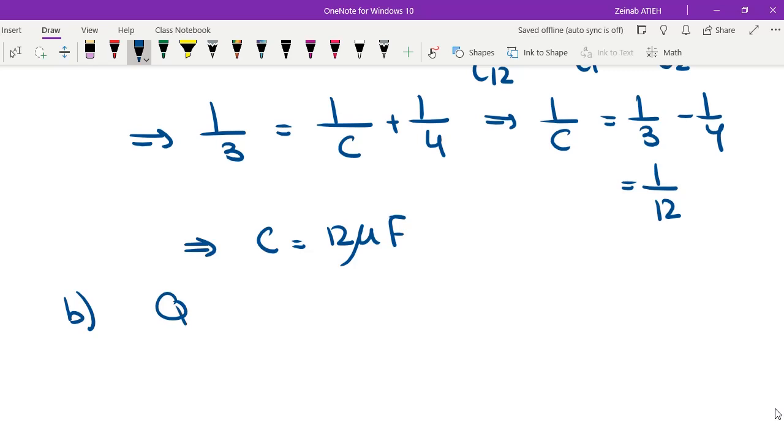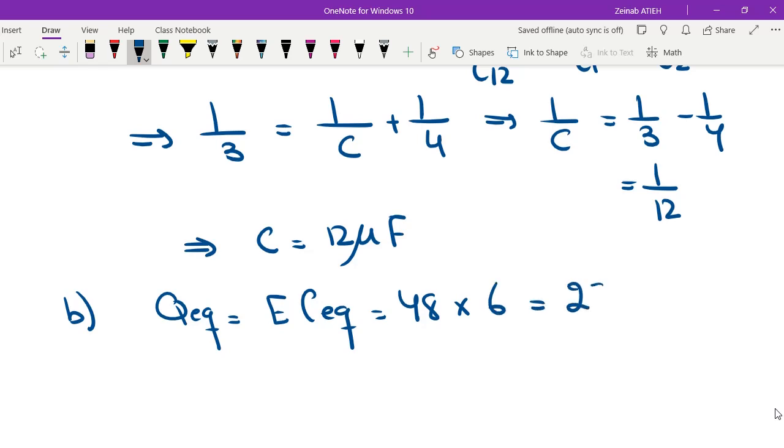So Q equivalent will be equal to E times C equivalent. So 48 times C equivalent, which was given as 6. This will give us 288 microcoulomb, because C was in microfarad so Q is in microcoulomb.